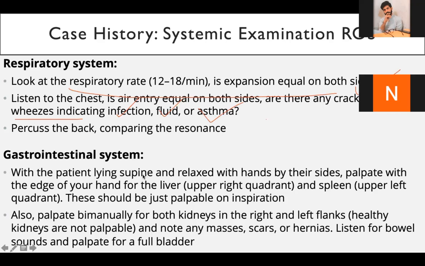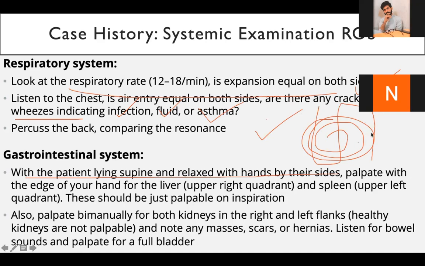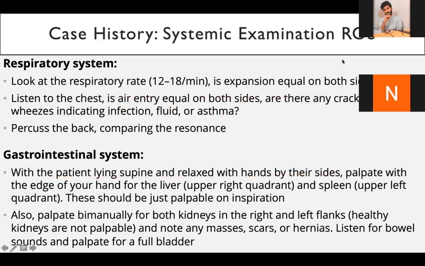And then the GI system: you ask the patient to lie supine and relax, and you have to palpate all nine regions of the abdominal area, starting from here, and then you go in an S shape, right? 1, 2, 3, you superficially palpate, and then you deep palpate. Inspection, auscultation, palpation and percussion are done in the GI system.